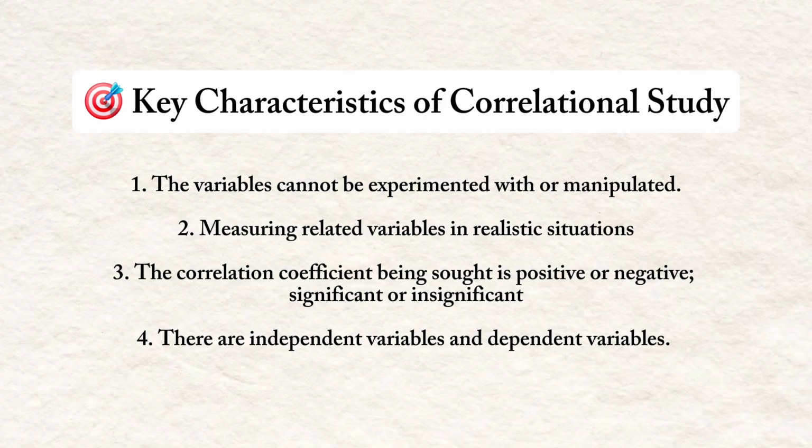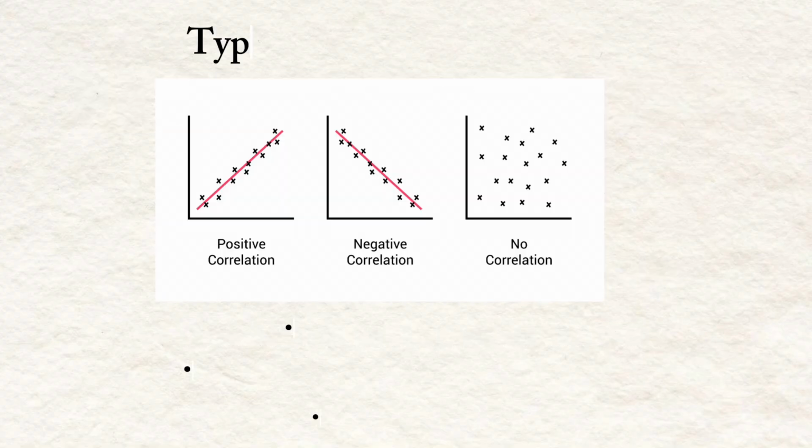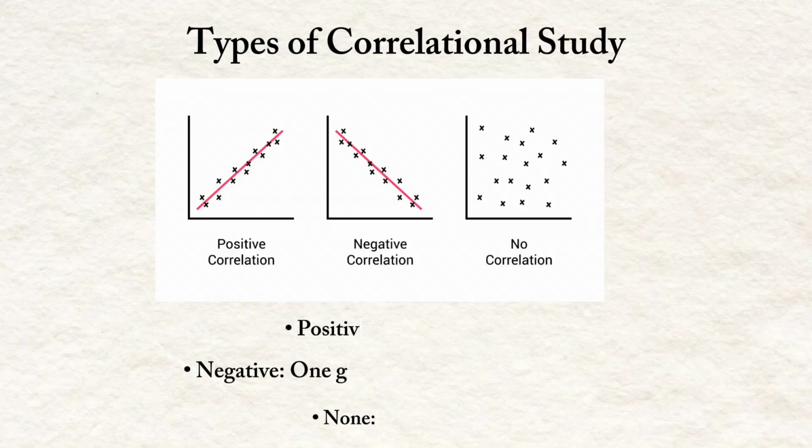Third, the correlation coefficient being sought is positive or negative, significant or insignificant. And fourth, one or more variables are called independent variables, and one or more variables are called dependent variables, according to Sudarwan 2002.